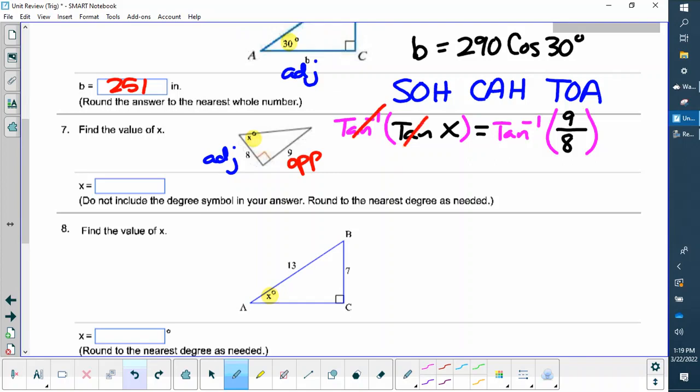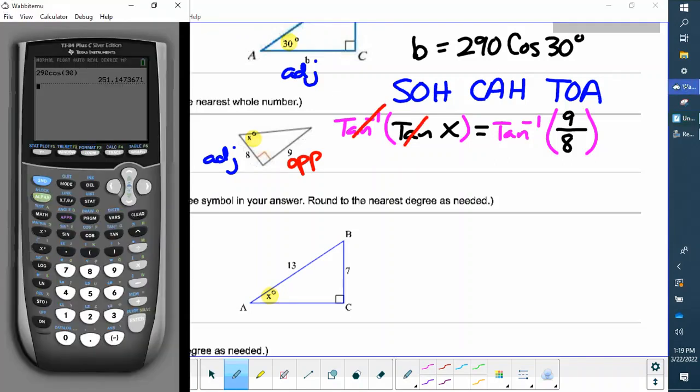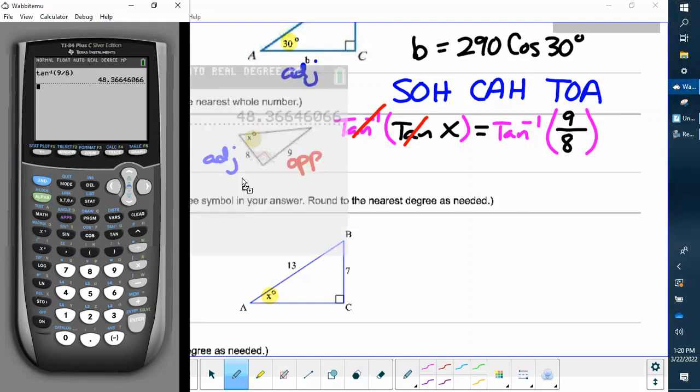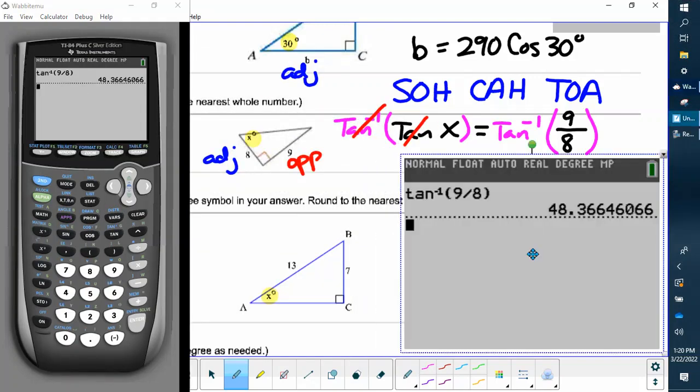Okay, now it's a calculator problem. If you're doing this on Desmos, you would have to hit the function button in order to see the inverses pop up. If you're doing it on a calculator like this, you have to hit second, and I see it in blue, right above tangent. And I just type it in the way it looks in the calculator. Enter. All right, there's my answer.